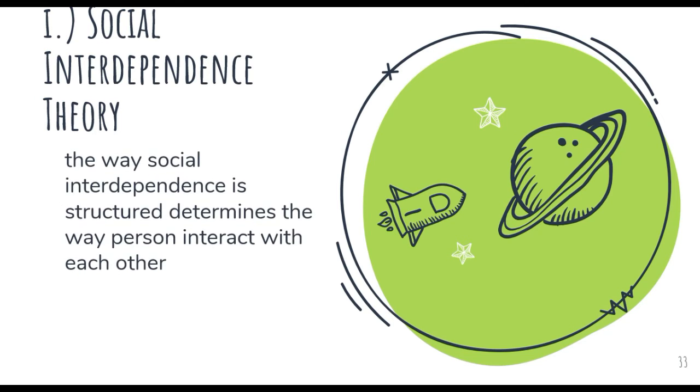The social interdependence perspective of cooperative learning presupposes that the way social interdependence is structured determines the way persons interact with each other. Moreover, outcomes are the consequences of persons' interaction. Therefore, one of the cooperative elements that have to be structured in the classroom is positive interdependence or cooperation.